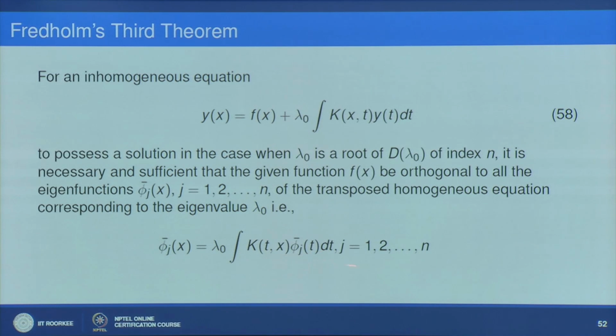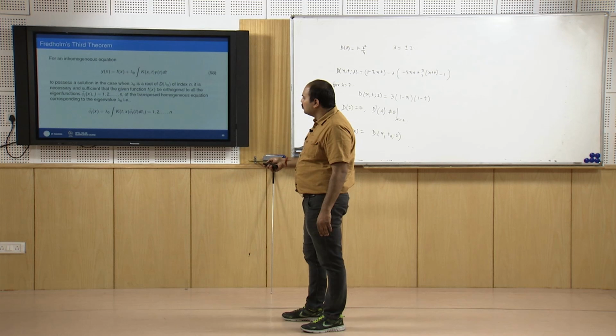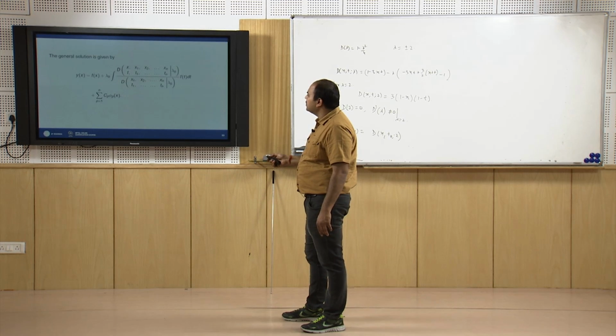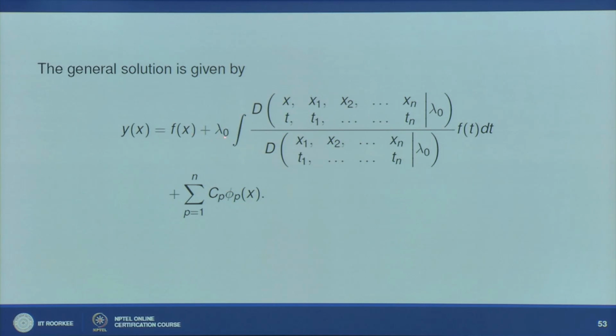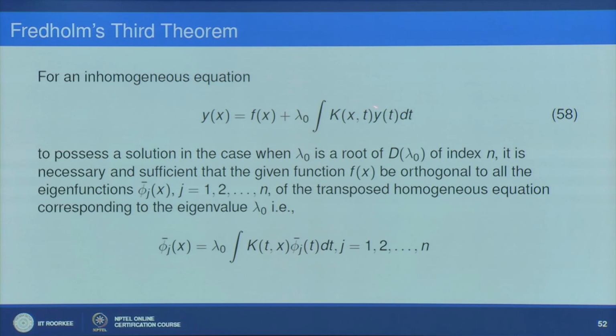If we can find the solution of this transpose homogeneous equation with the help of Fredholm's second theorem, and f(x) is orthogonal to all those phi j bar of x, then your solution is given by y of x equal to f of x plus lambda naught, and if you remember, this is nothing but phi j of x here, plus the sum over p equal to 1 to n of c p phi p of x. Here we can denote this as some H(x,y;lambda naught), which is a kind of resolvent kernel in this particular case, and this phi p is the solution of the homogeneous integral equation.